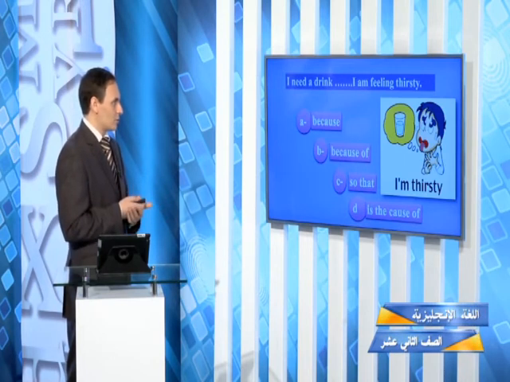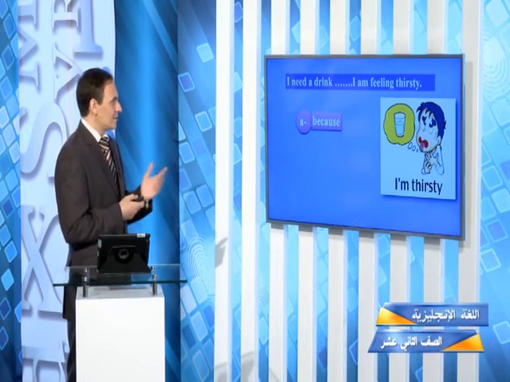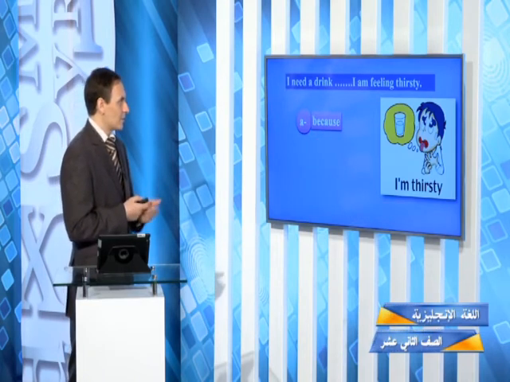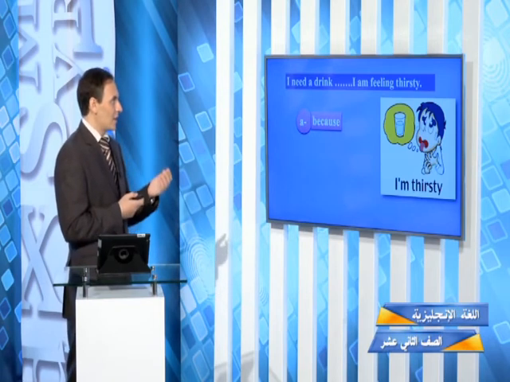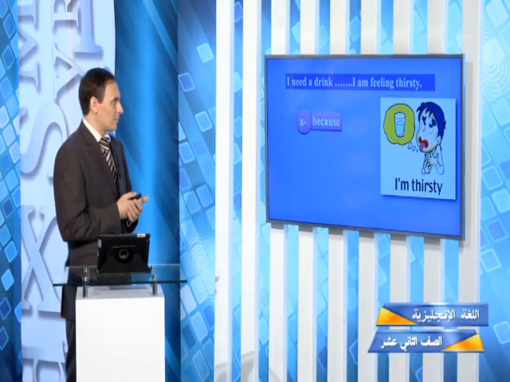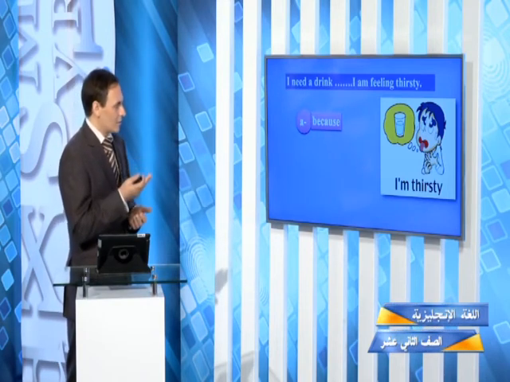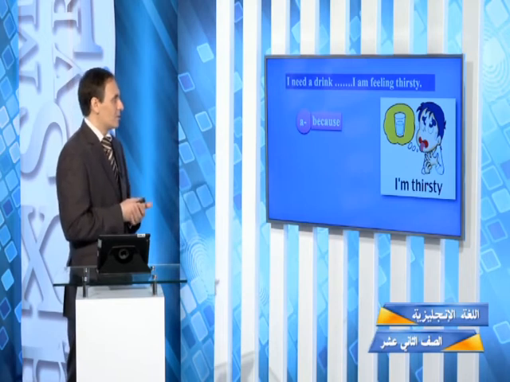And to introduce a reason, we use because. I didn't use because of, simply because after the space I have I am, a subject and a verb. And if you remember very well from what I said, because of comes before a noun, and because is used before a clause.